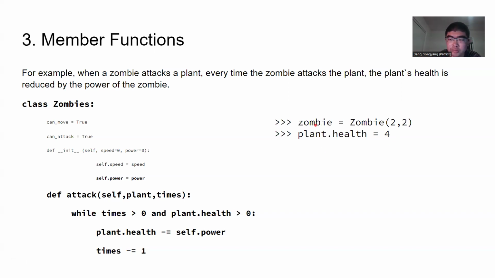So the zombie only has to attack the plant twice to make the plant dead. Sorry, we don't take in self though. But it's zombie dot attack. Zombie is the object who does this behavior. So zombie attacks plant 2.